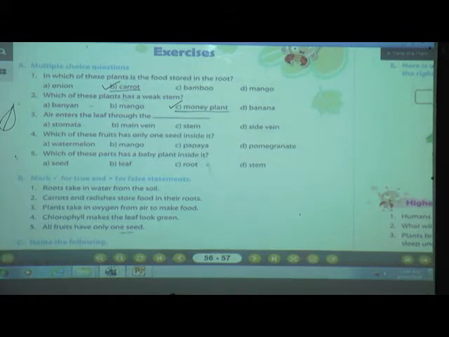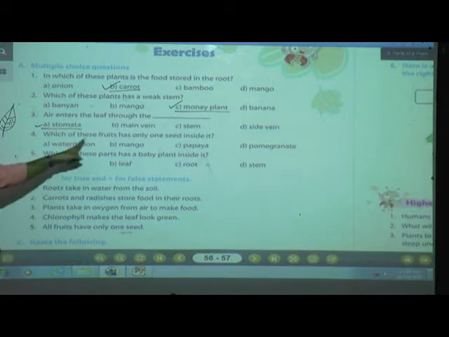No. Stem, see, this is the stem. No. What about side veins? No. Actually, here are tiny stomata, through which air enters. Isn't it? Yes. So, the correct answer is stomata. The next question.